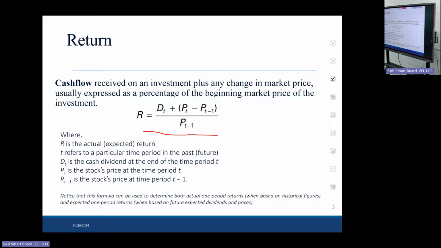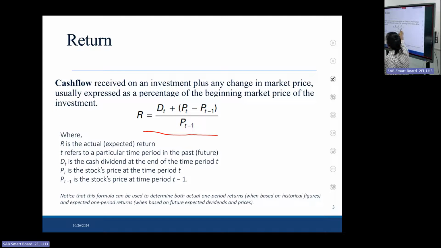But you are investing for a particular period. You have your investment horizon, your investment period. So if you invested for 6 months, D_T is the cash dividend at the end of your investment period. P_T represents the stock price at the time period T.